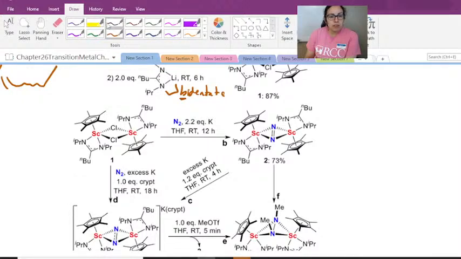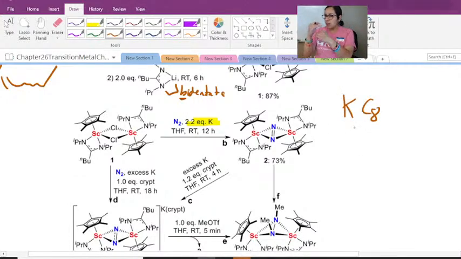I would have to look back at the paper to see what form, but they use either potassium metal, or sometimes you can make this compound called KC8, which is just potassium intercalated in carbon, but it's easy to weigh out. It's like a bronze powder. And so they reduced it, and then that binds nitrogen.